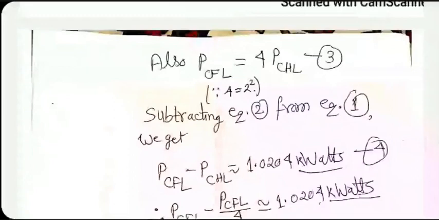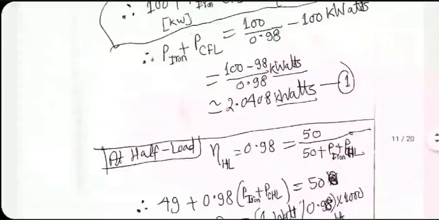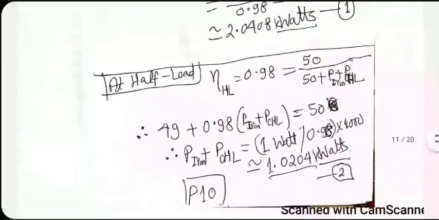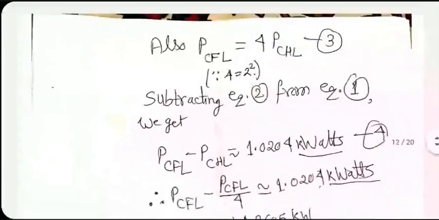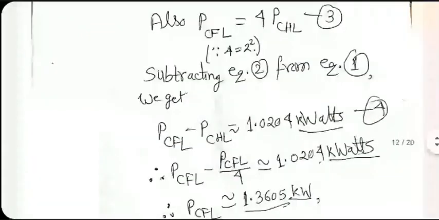I have subtracted equation 2 from equation 1 because P iron is common in both the equations. So I get PCFL minus PCHL equal to 1.0204 kilowatt. And then I know that PCHL is PCFL divided by 4.